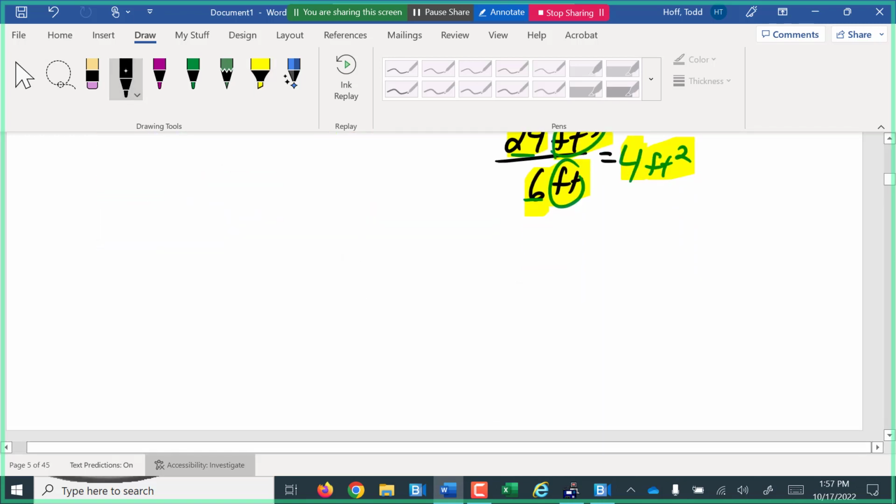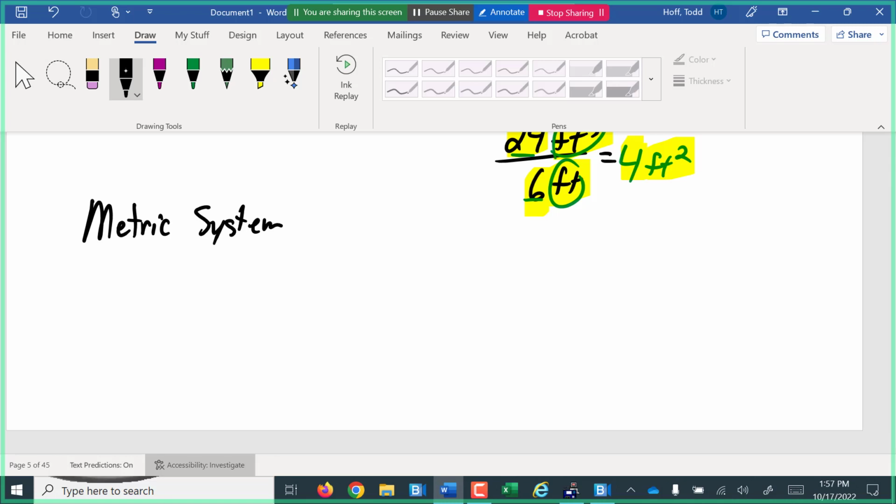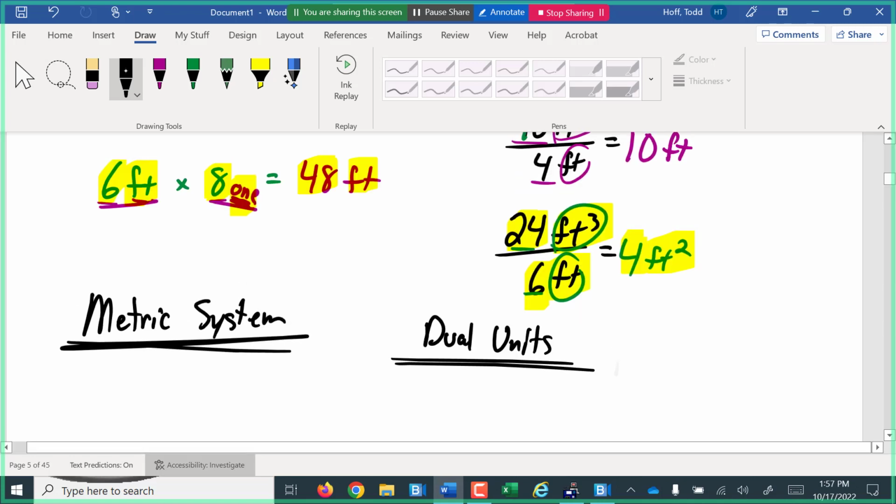So the good news is, when we look at the metric system, we don't have to deal with the dual units. In the standard system, we dealt with the dual units because there wasn't a good conversion between feet and inches.